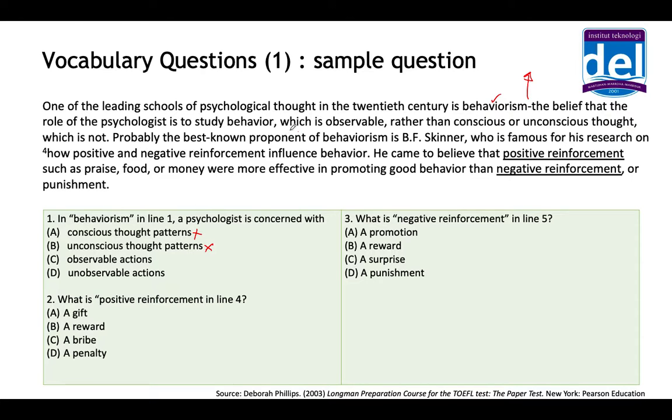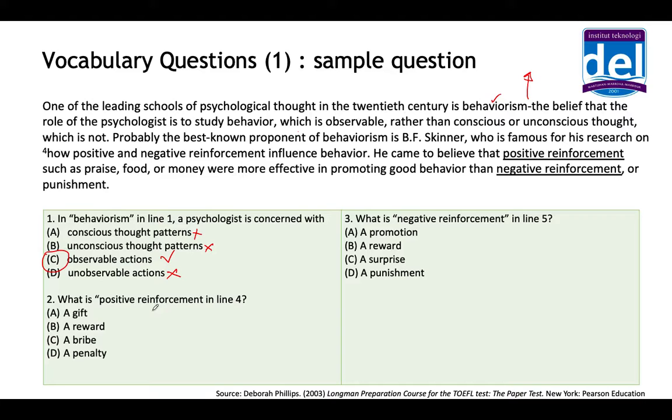Again, the statement says that the psychologist is concerned with the observable one, so the answer is C. D is the opposite of C, so this is the wrong answer. Again, we can learn that the meaning of the structural clue is very important to determine the meaning of the difficult word. Let's look at number 2.